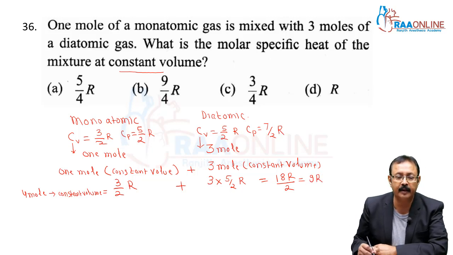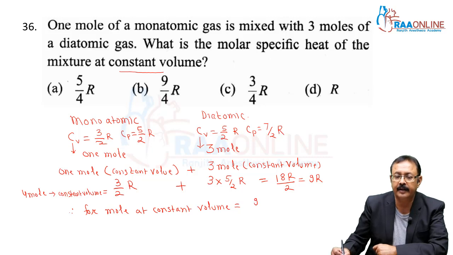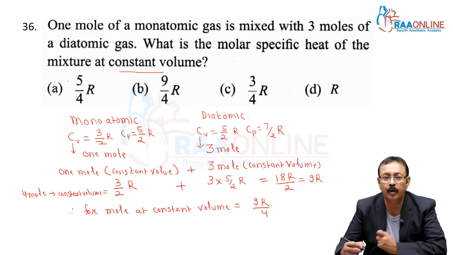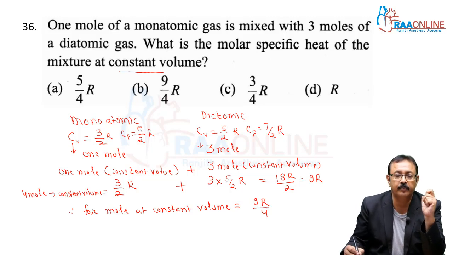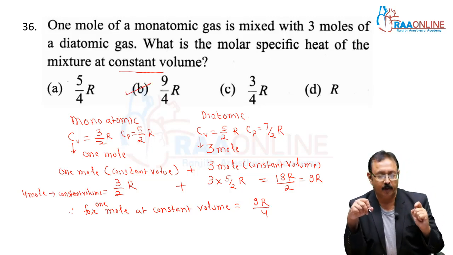For 4 mole 9R, therefore for 1 mole at constant volume, heat required is 9R by 4. So molar specific heat of the mixture at constant volume is 9R by 4, a very important type of problem.